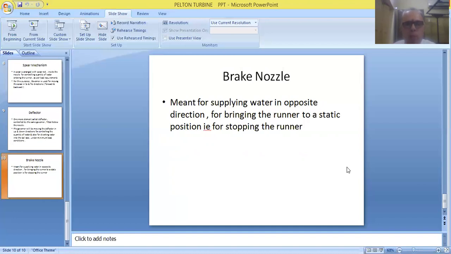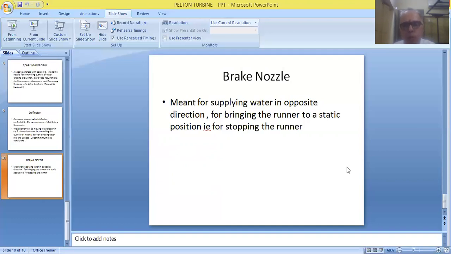So we are using two nozzles for controlling the Pelton turbine. The first nozzle is for starting the operation of the machine, and the brake nozzle is for stopping the operation of the machine. So friends, this is about the construction and working of the Pelton turbine.